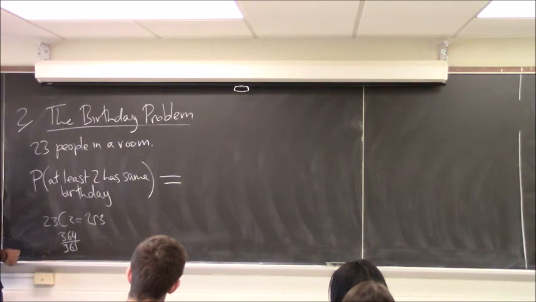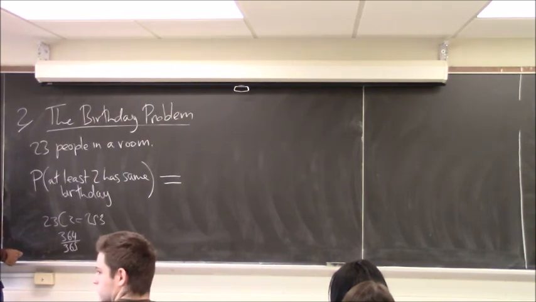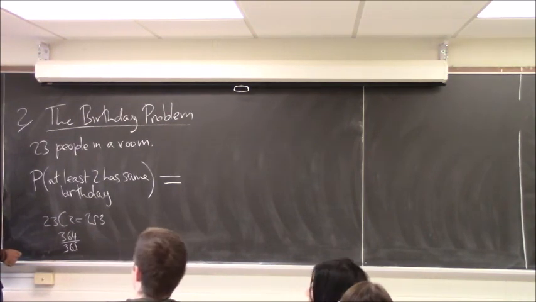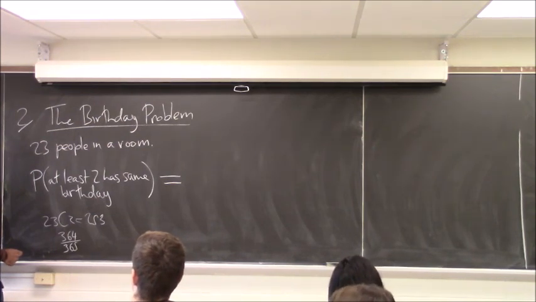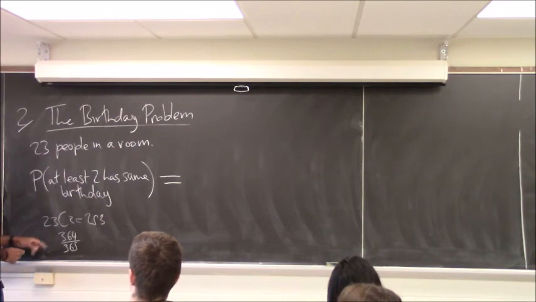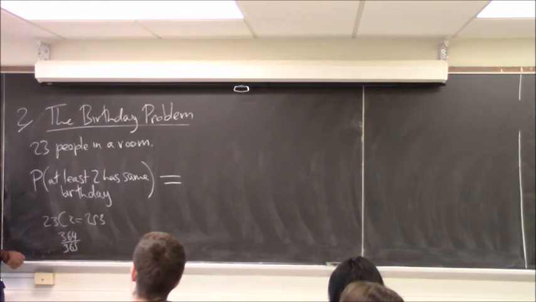Explain the reason. Why would you do this? So those are the chances that they don't have the same birthday. So if you subtract that from 1, that would be the chances that they do have the same birthday. Why is this the chance that they don't have the same birthday? Because it's only 1 day out of the year, so there's 364 other days that they don't have the same birthday.